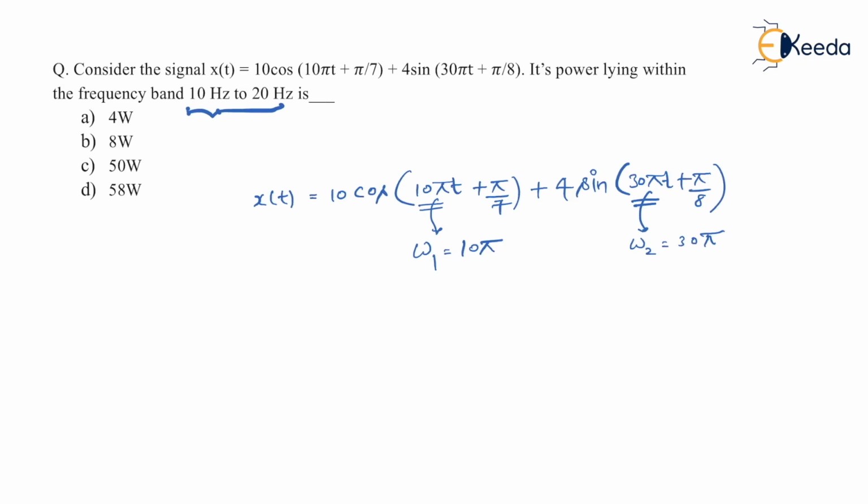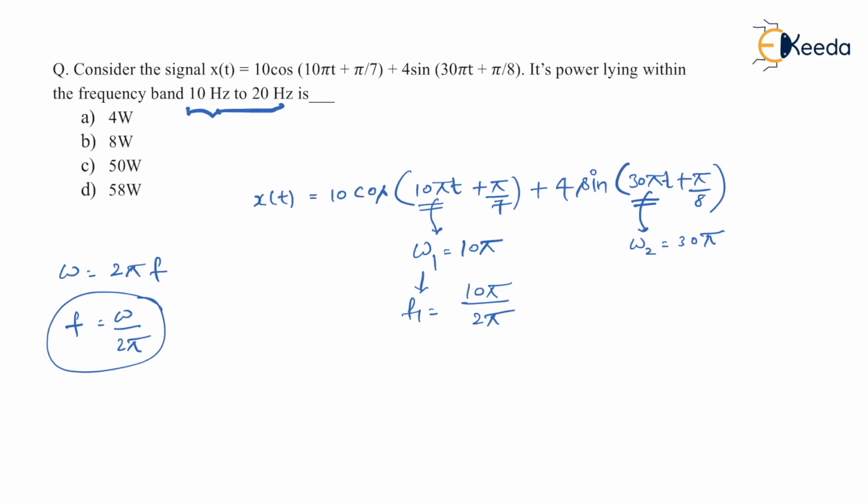So what we have is angular frequency. Let's try to get the normal frequency in terms of hertz. From this, f1 is nothing but 10 pi divided by 2 pi. Please remember, omega is equal to 2 pi f, which means f is equal to omega by 2 pi. So this is a very simple relation I have used. In that case, f1 is equal to 5 hertz.